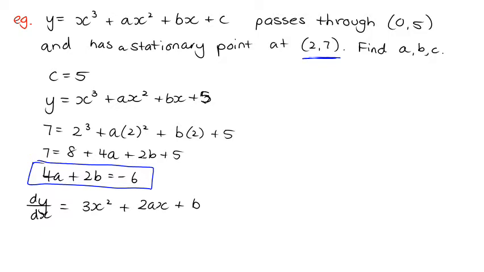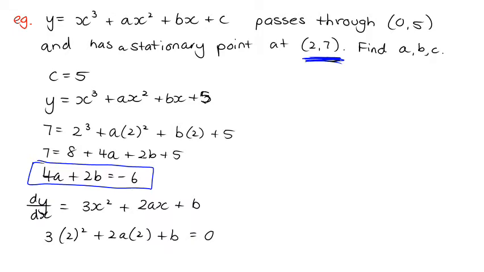Okay, we know that that equals 0 when x equals 2. We know that at x equals 2, the gradient or the derivative equals 0. So we can sub x equals 2 in and we make it equal 0. So 3, subbing in 2, and we know that that is 0.